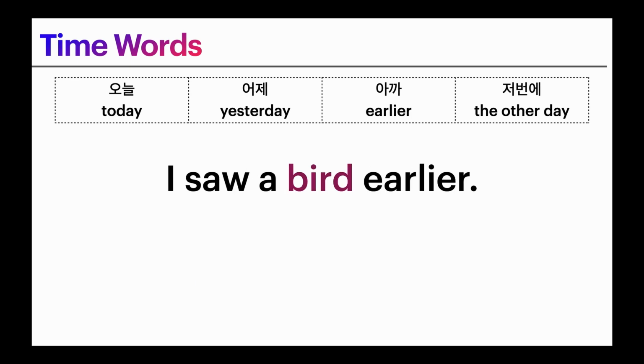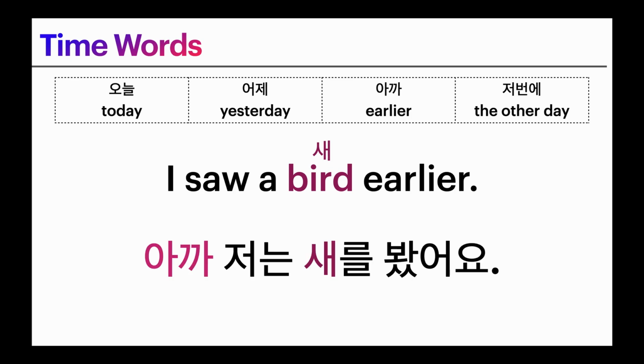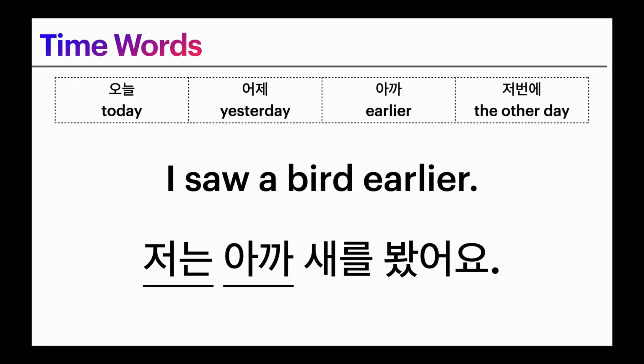If you don't remember, the word for bird is 새. 아까 저는 새를 봤어요. Now this order here is perfectly fine, and it's also fine to say 저는 아까 새를 봤어요, which I think for 아까 just happens to be ever so slightly more natural, but again, they're both okay.